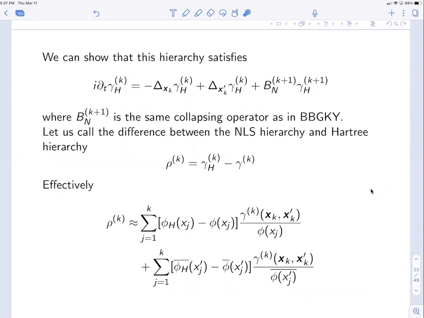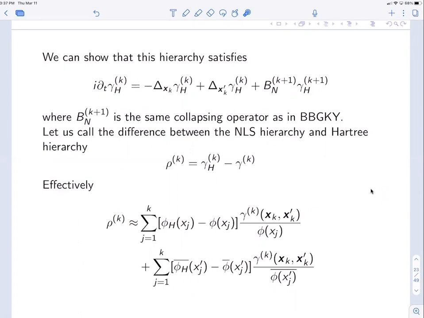There's no 1 over n of Vn upper k times gamma upper k in there. And then this coefficient is 1 rather than being n minus k over n. All right, so that we'll call the Hartree hierarchy, just for convenience of reference.